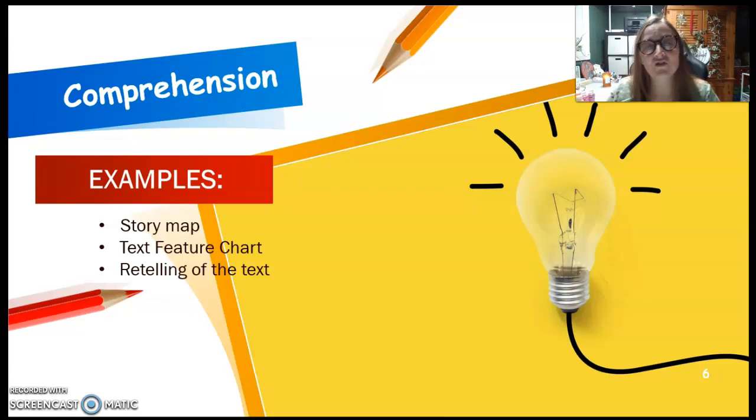Using a text feature chart would be a good example and good hands-on activity, taking a page from a book and having them label each part. So it would be a good one to have different text features in there and possible features that they could be learning about.